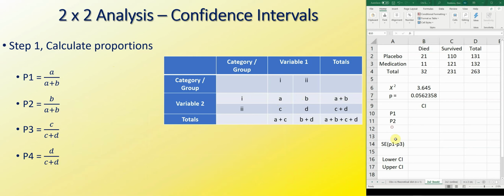I'm just going to change the layout of this slightly to make this a little bit easier to compare to the slide. So I'm going to put P3 and P4 in here.